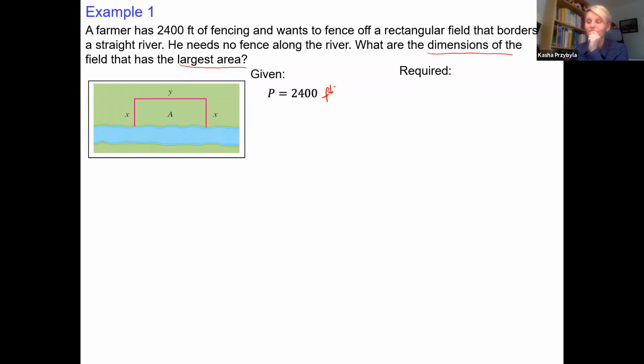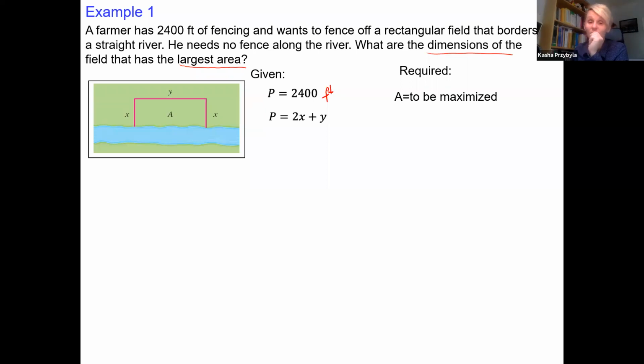It would be nice to define this 2,400 in terms of our variables. Using x and y, how can I define the fencing, kind of like a perimeter, but with one extent missing? It's 2 times x and y. Thank you. Now, like you said, we will maximize area.